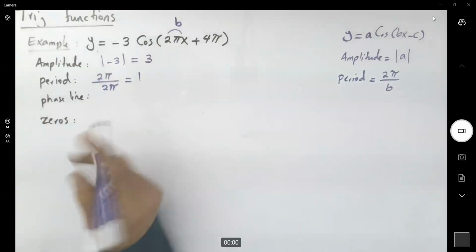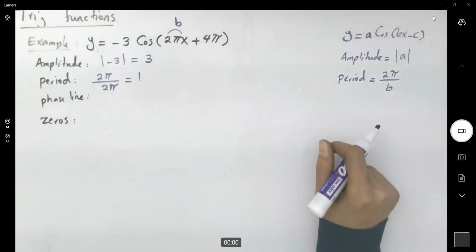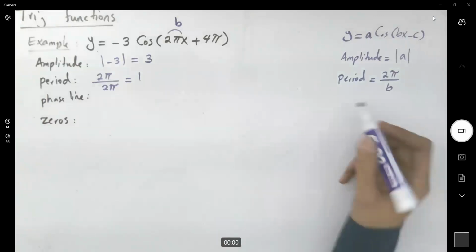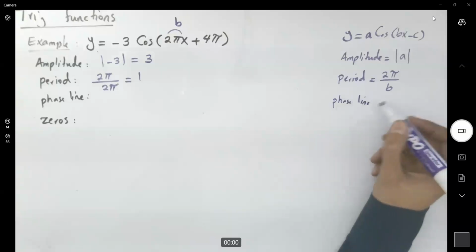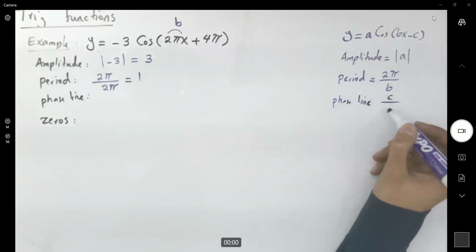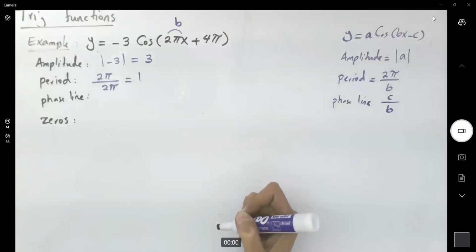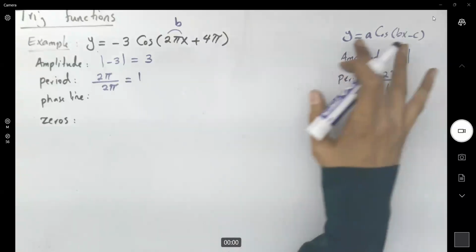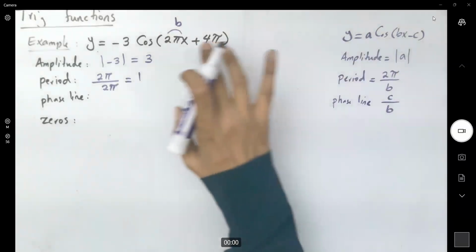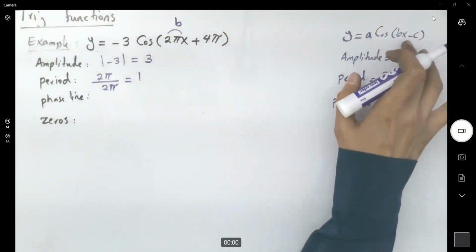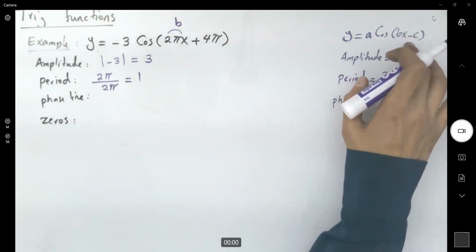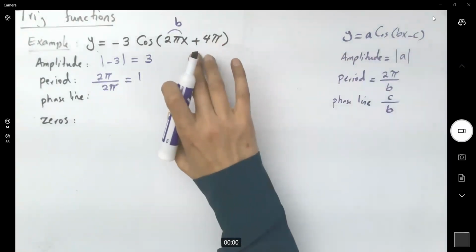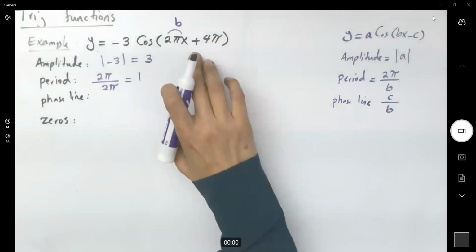Okay. What about the phase line? Remember that the phase line was defined as c divided by b. Comparing these two, the sign in between bx and c must be a negative, am I right? But here you have a positive. So what's the meaning of that?